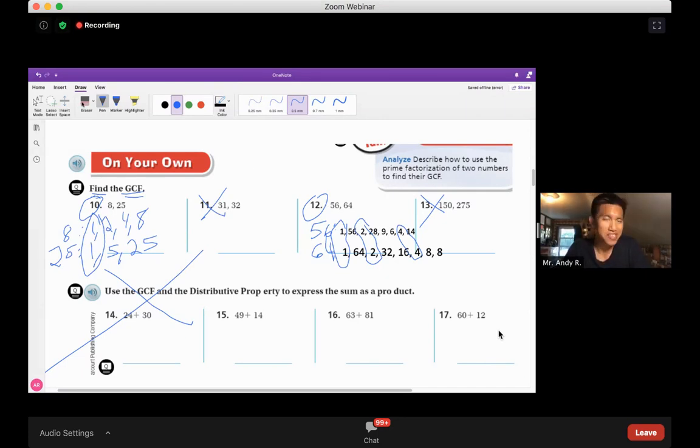Oh yeah, I forgot 8 and 7 back here. Okay guys, 8 and 7. 8 times 7 equals 56. So they both have 8 as a common factor too. So the answer is 1, 2, 4, 8. The greatest is 8. The answer is 8. Just one here.